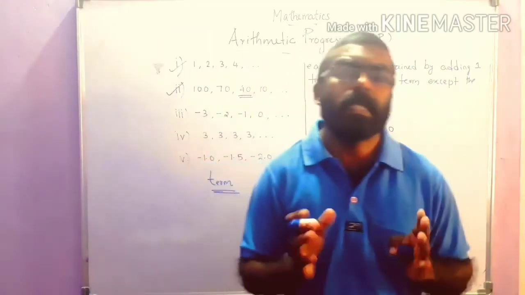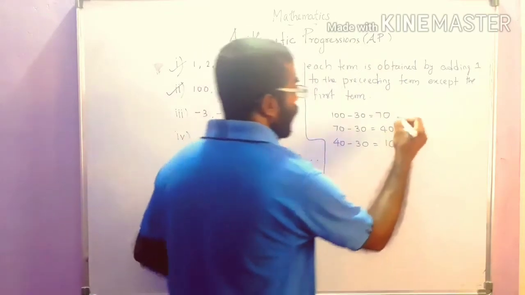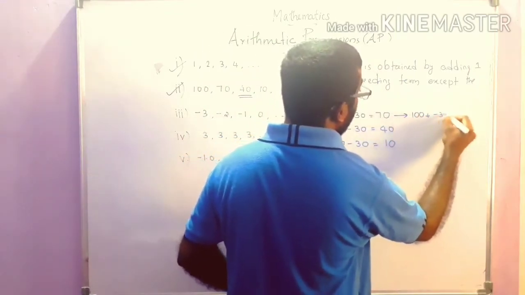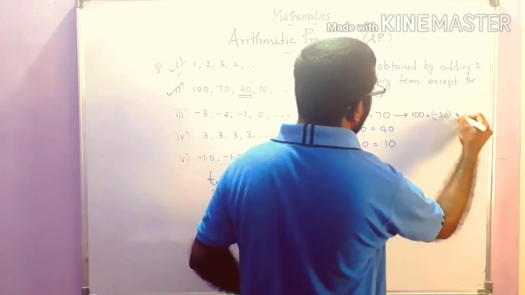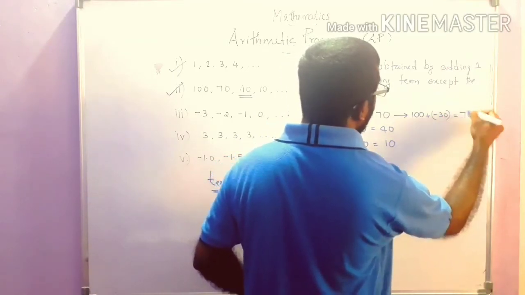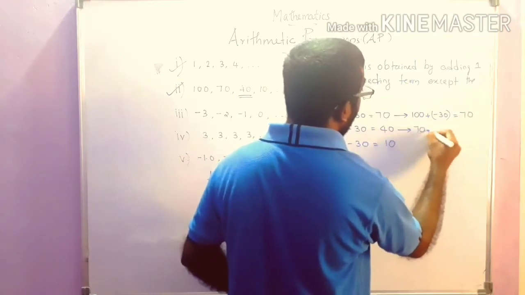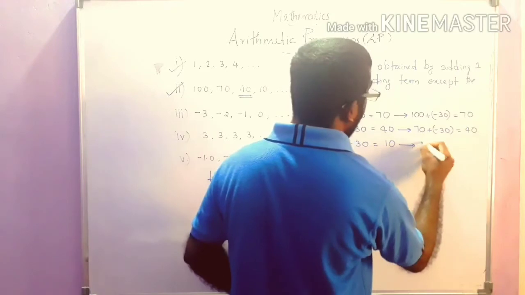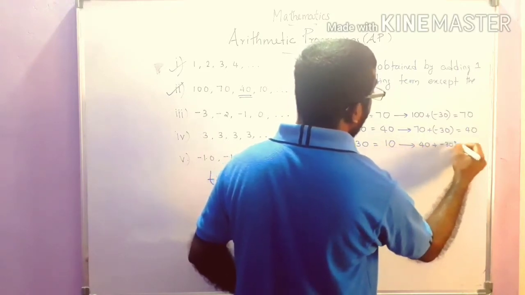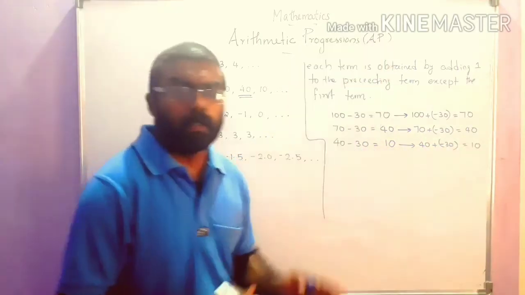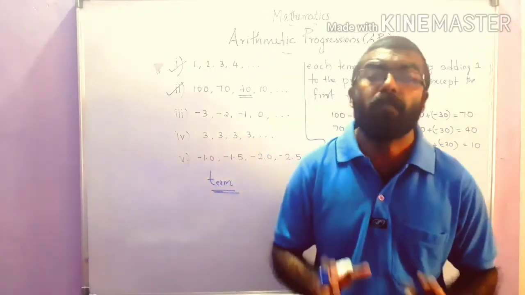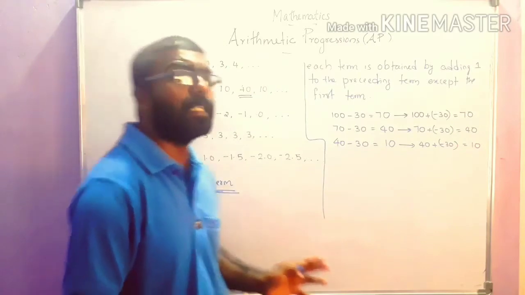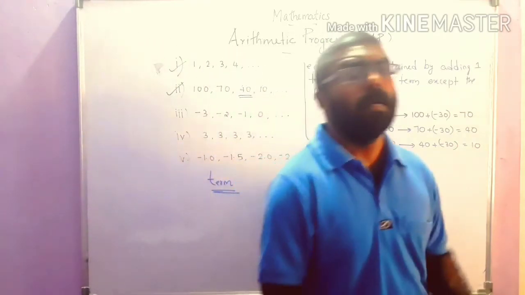So it can be stated in another way. 100 minus 30 can be written as 100 plus minus 30, which also gives 70. And 70 plus minus 30 is equal to 40. And 40 plus minus 30 gives 10. So here every term is obtained by adding minus 30 to the preceding term except the first term.